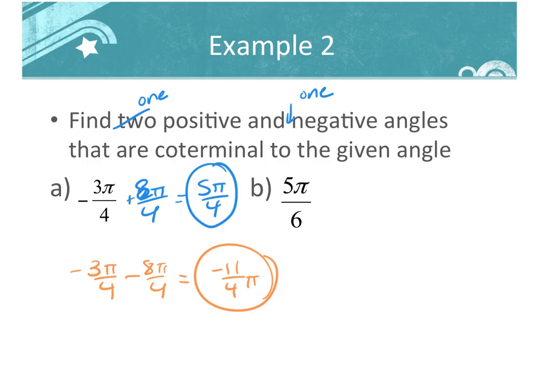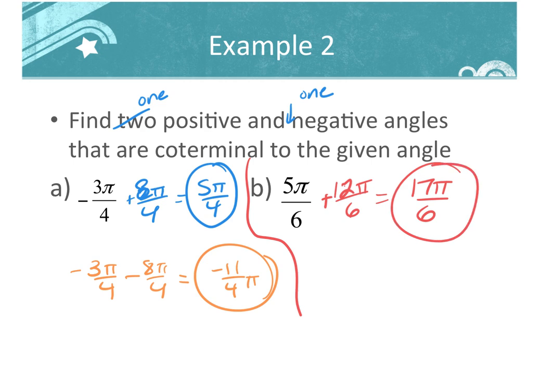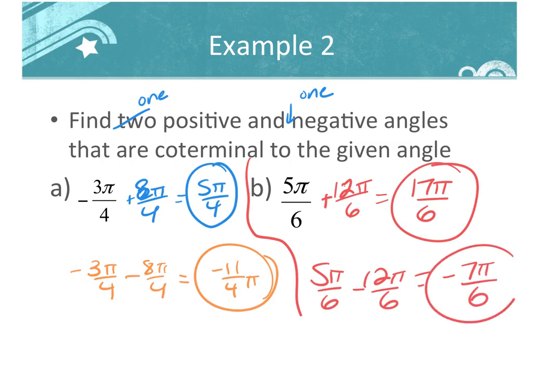All right, you do B. So find a positive and a negative coterminal angle to 5 pi over 6. All right, what's your positive coterminal angle? 17 pi over 6. Good. What's your negative coterminal angle? Good. Questions so far?